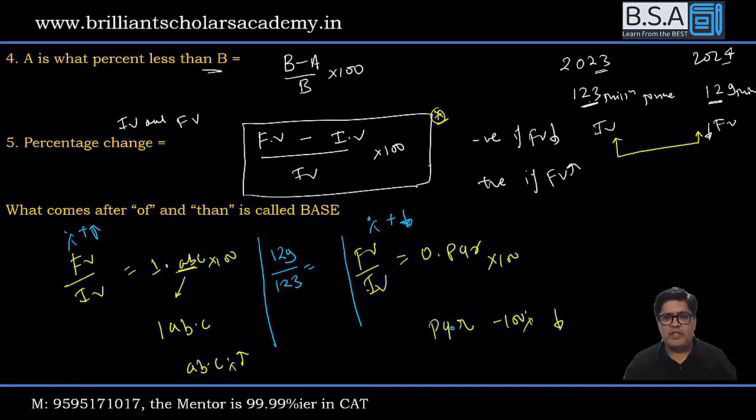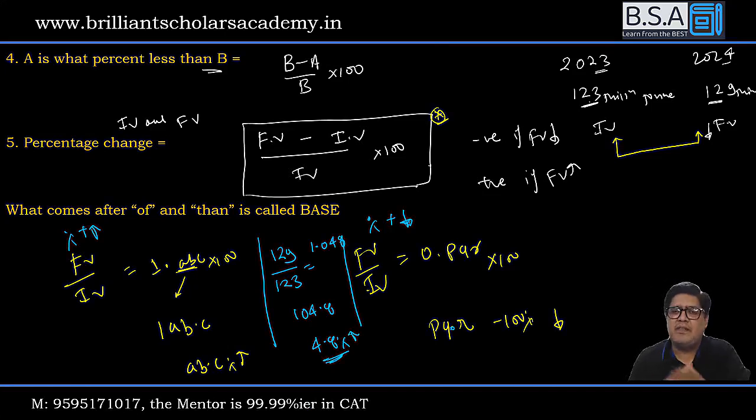So what you see here is, it turns out to be 1.048. When you make it 100 times, you will have 104.8. So that 4.8 is the percentage increase. Roughly speaking, 4.8. 129 by 123.